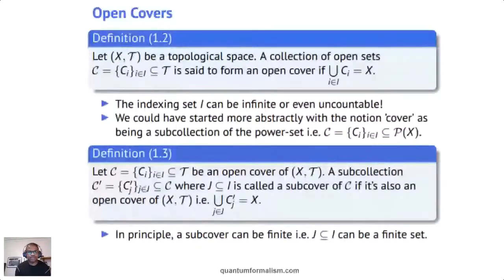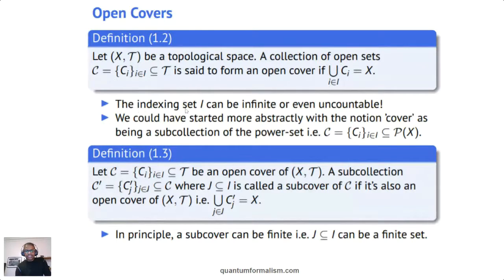For our purposes, given a topological space, a collection of open sets, you know what open sets means, that the collection is a sub-collection of the topology, is said to form an open cover if when you take the union of all the members of the collection, you recover X. So you get X back, okay?